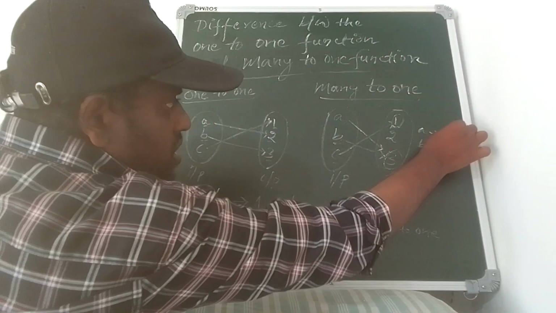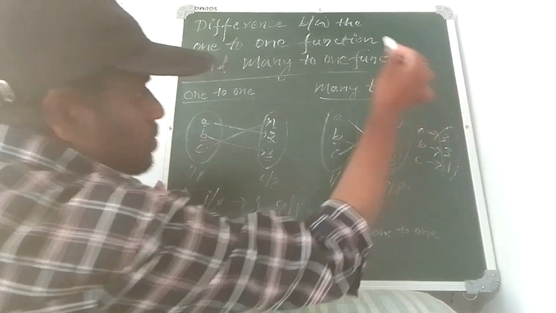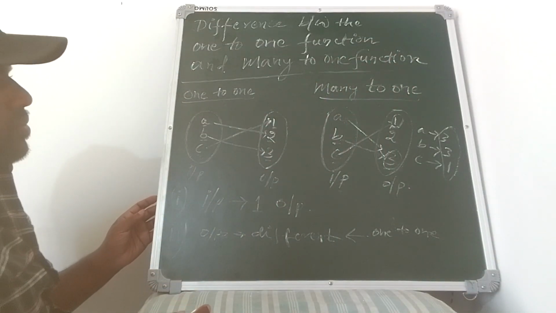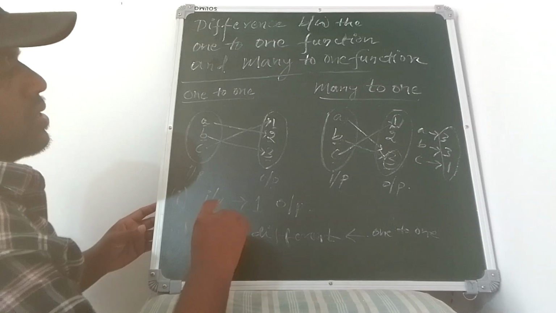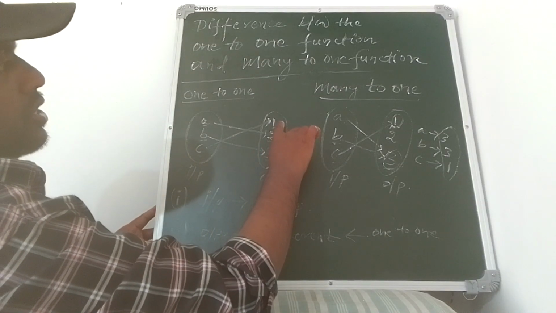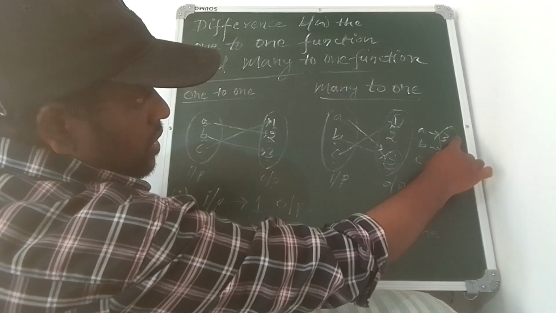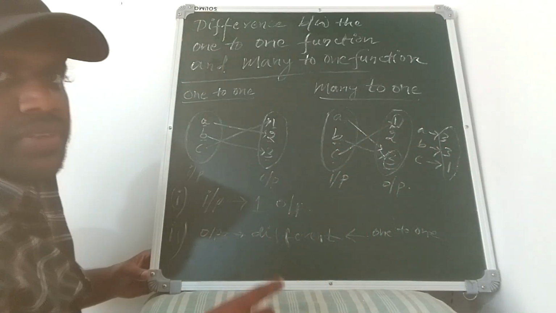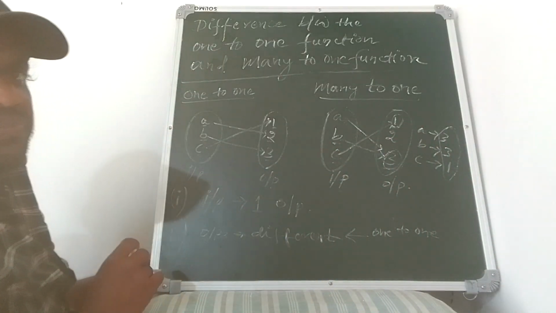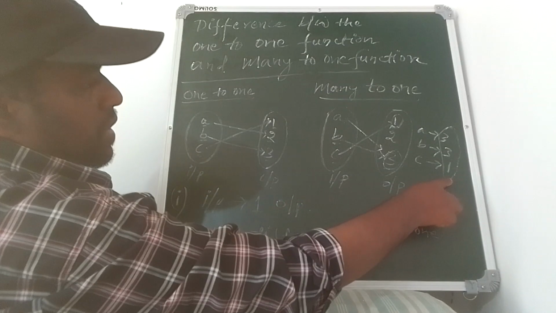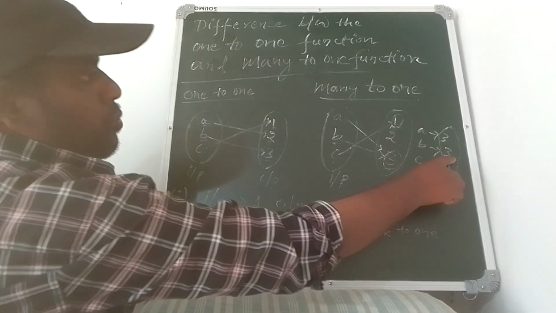Now you can see these outputs. Here outputs are different: 1 is different, 2 is different, 3 is different. Here you can see 3 and 3. Outputs are same. These two outputs are same.